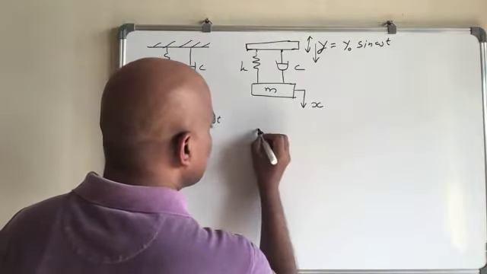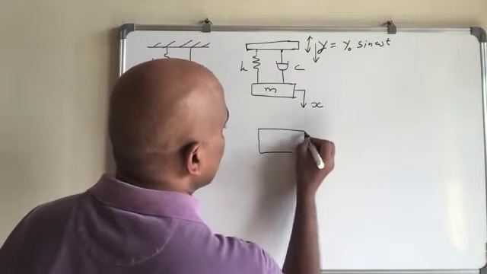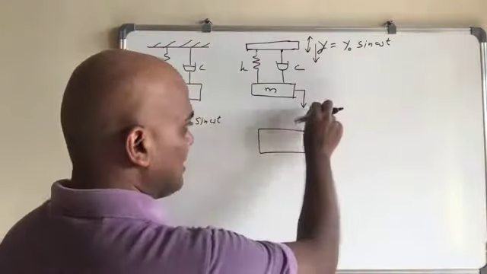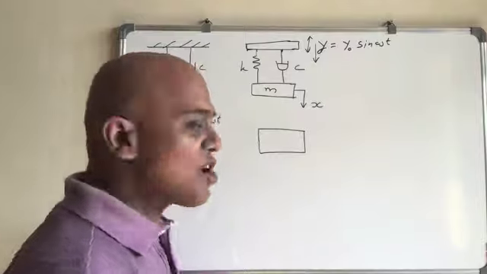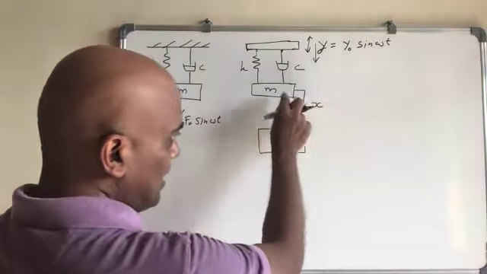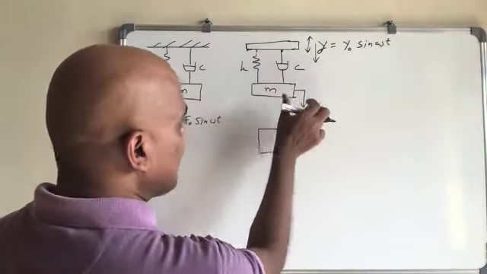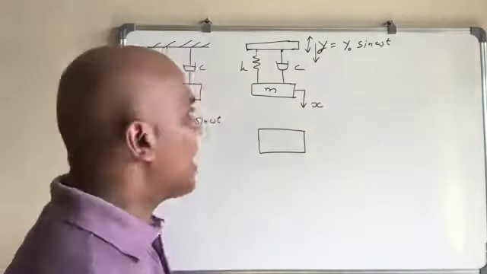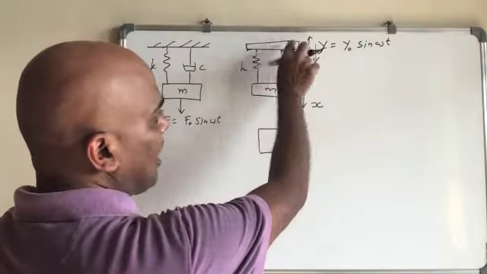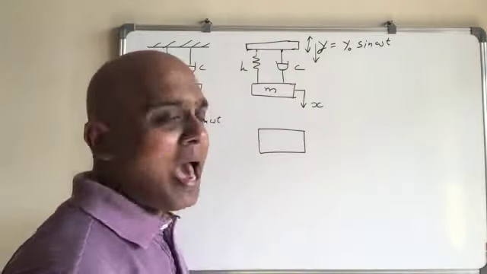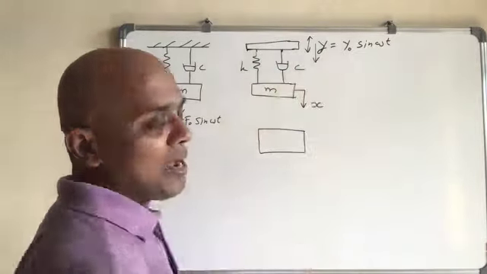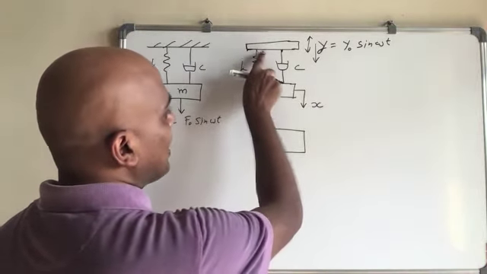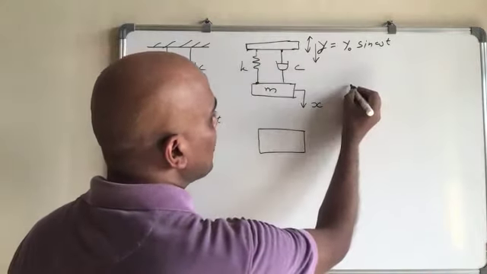Now let's draw the free body diagram when there is a positive x. If this mass has moved by an amount x downward, and the base, the upper portion of the spring, has moved by y, then one end has moved by x, the other end has moved by y.